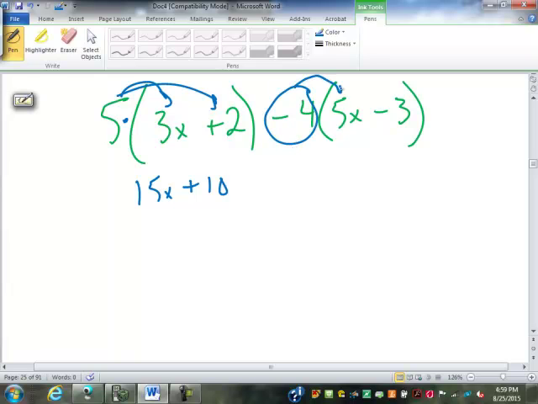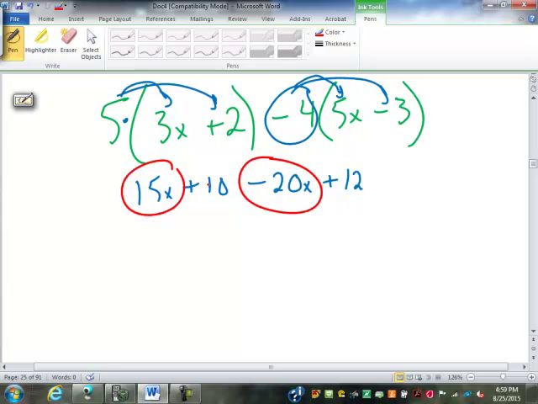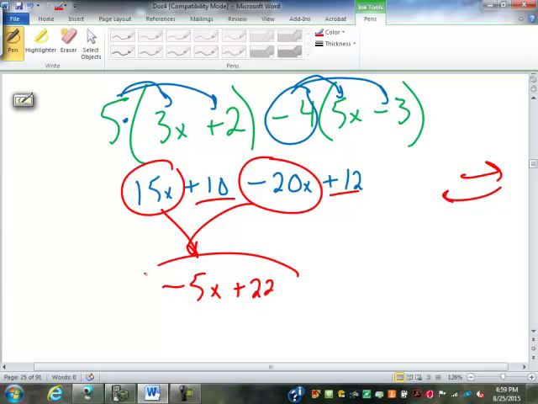So negative 4 times 5x is negative 20x. Negative 4 times negative 3 is positive 12. And now I can combine 15x and negative 20x. Negative 5x, yeah. Positive 15, negative 20 is negative 5. And then 10 and 12 make 22, so it's positive, so plus 22.